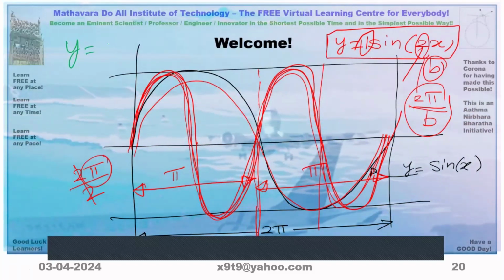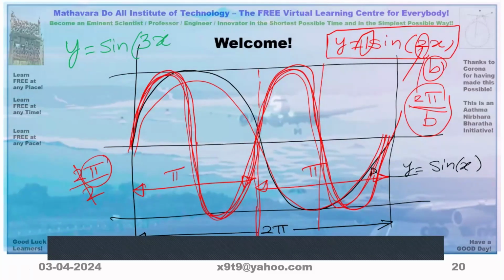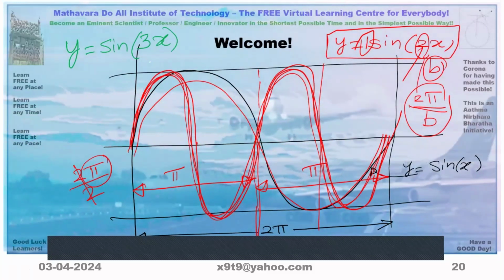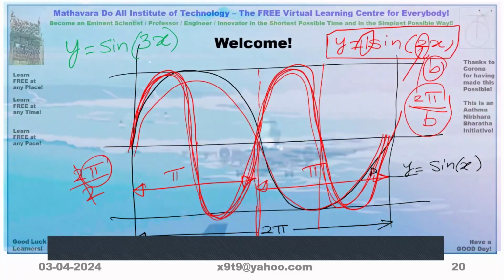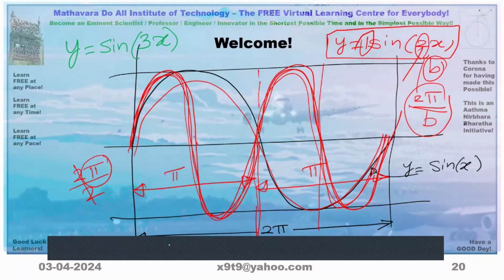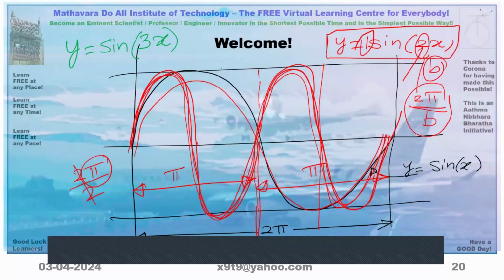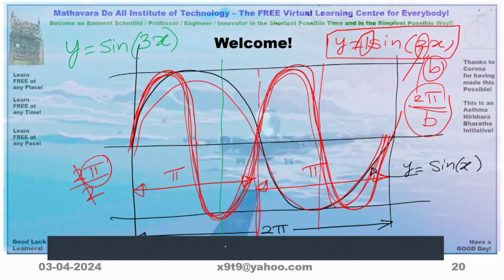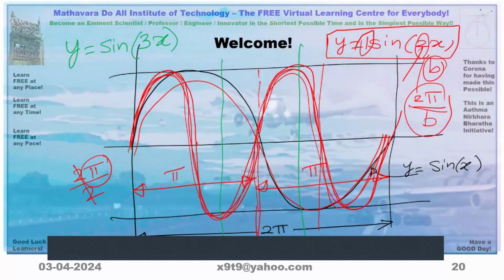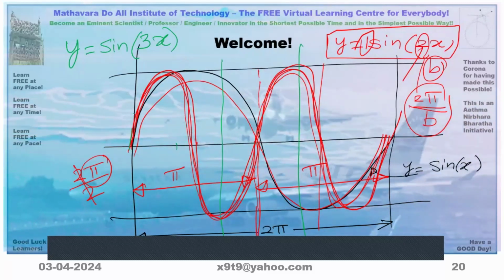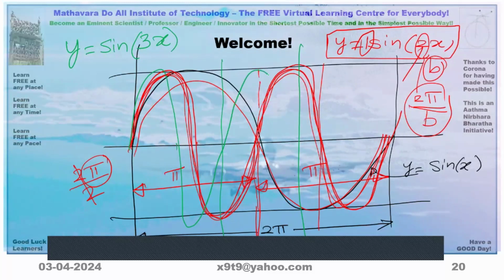Now, suppose we have y is equal to sin 3x. What will happen? This period 2 pi will be divided into 3 parts. So maybe somewhere here, somewhere here. So a graph goes like this, comes here and goes there.